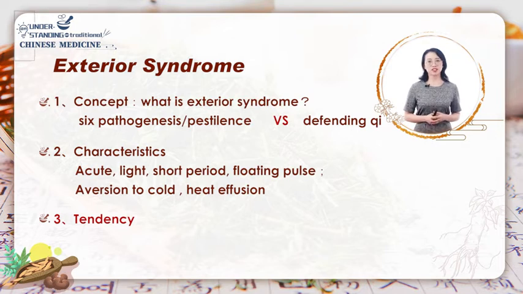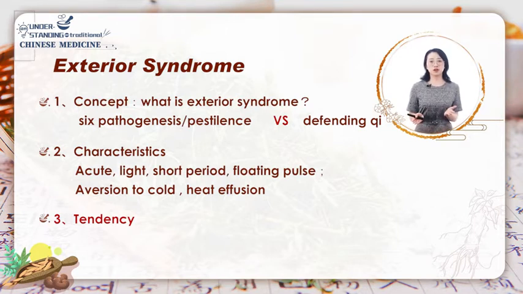Since the pathogenic factor is fought at such a superficial level, the healthy qi is aroused, so it appears as a floating pulse. In other words, acute onset, light, short period, aversion to cold, heat effusion, and floating pulse are the key distinguishing points for exterior syndrome.